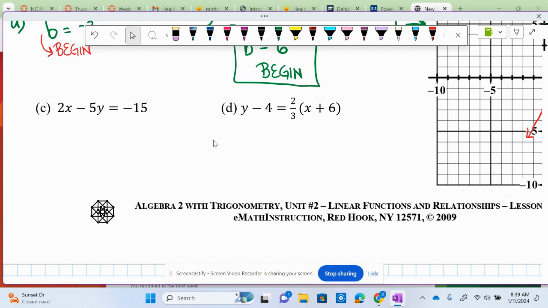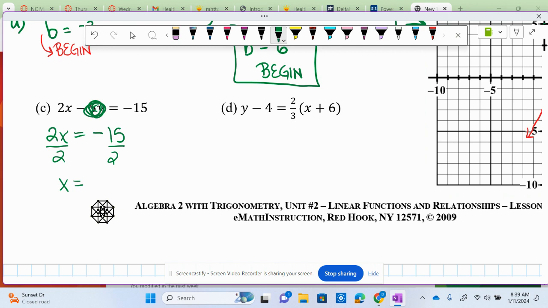So let's find the x-intercept. If I want to find the x-intercept, I just cover up the y term. What equation do I have? Good job, Justice. 2x equals -15. Divide both sides by 2. So x equals, what's 15 divided by 2?